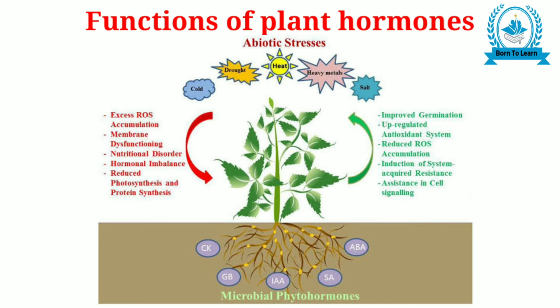Germination of seeds or breaking the dormancy of seeds. 2. Growth of roots, stems and leaves. 3. Movement of stomata or stomatal movement in leaves. 4. Flowering of plants. 5. Ripening of fruits. And 6. Phototropism, geotropism, chemotropism, hydrotropism, thigmotropism and nastic movements.